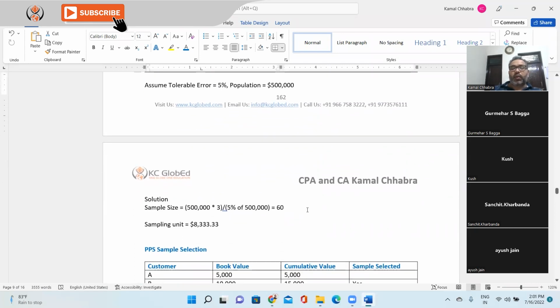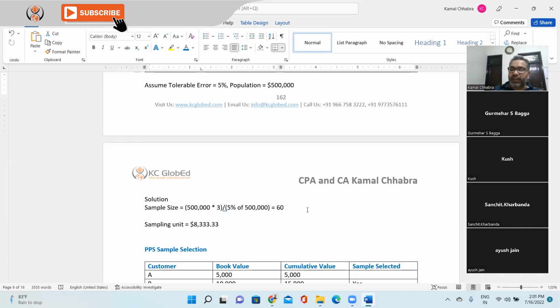So what is the tolerable error? 5% of 500,000. So the number of samples is 60, right? I just did the math for simplicity: 500,000 multiplied by 3 divided by 5% of 500,000. That is 60, the number of samples you need to test.